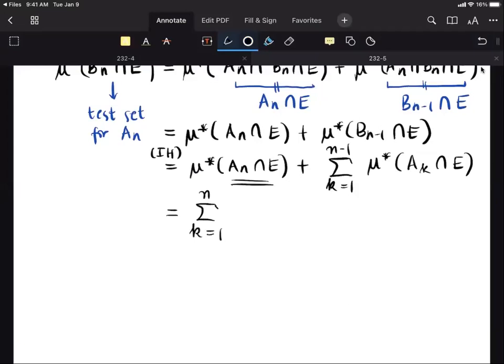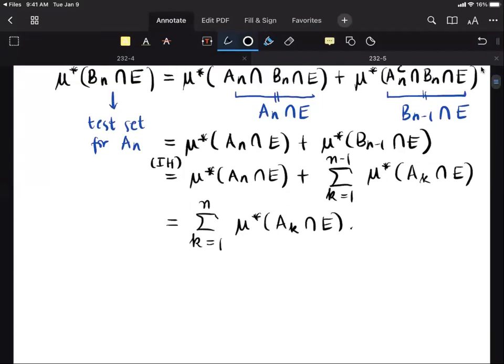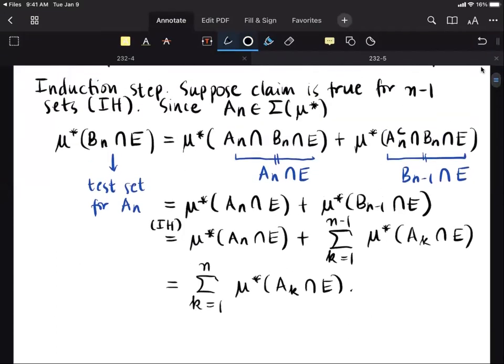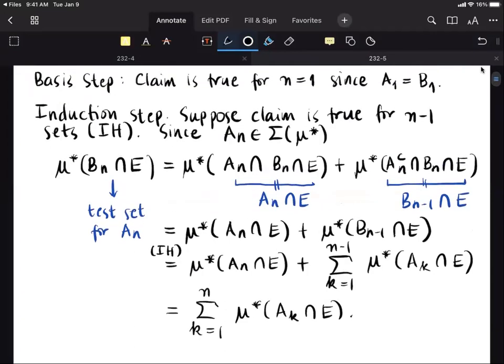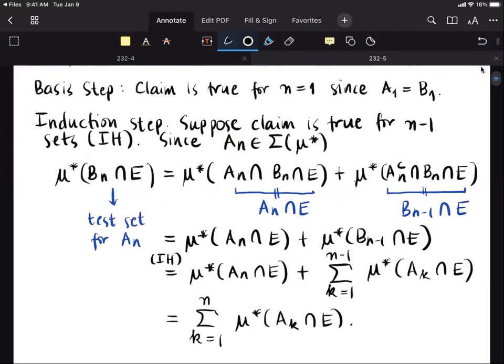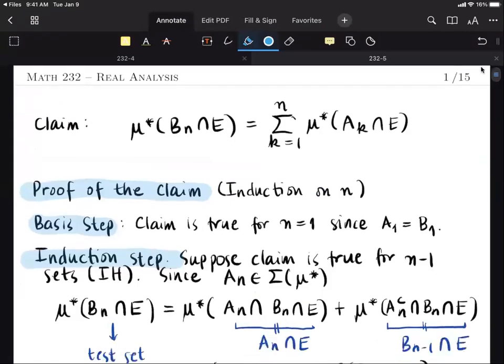This will do the last, or this is the last term in the sum. And we have this. Okay, so this is the induction step. Hence, this proves the claim.